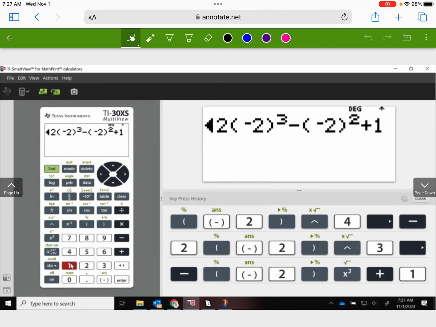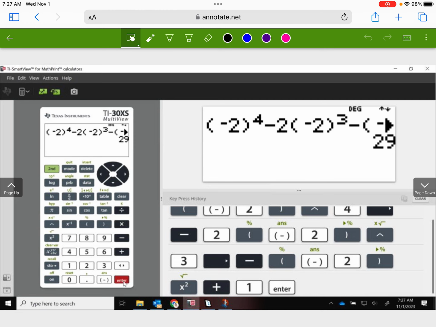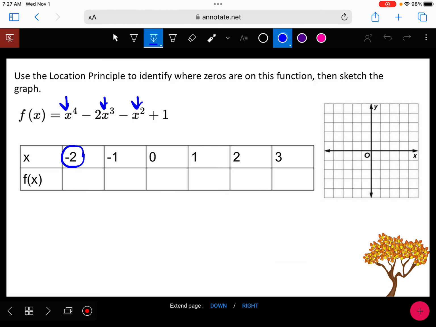And it takes all those buttons just to press it in once. And we get 29. So my x value at -2 is positive 29. So we're just going to use our calculators for that.